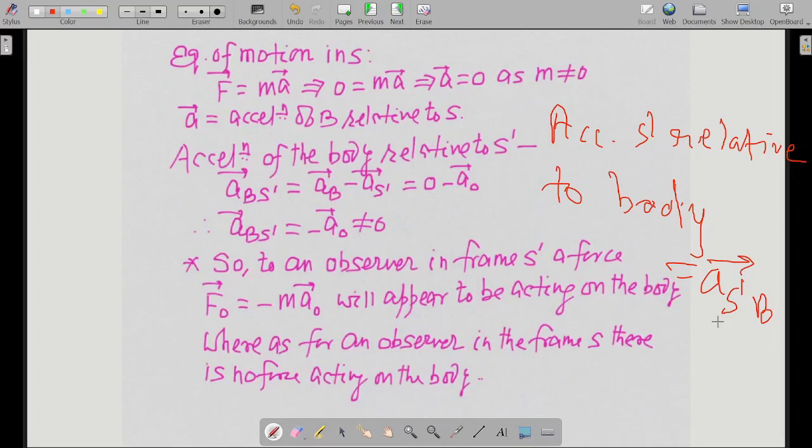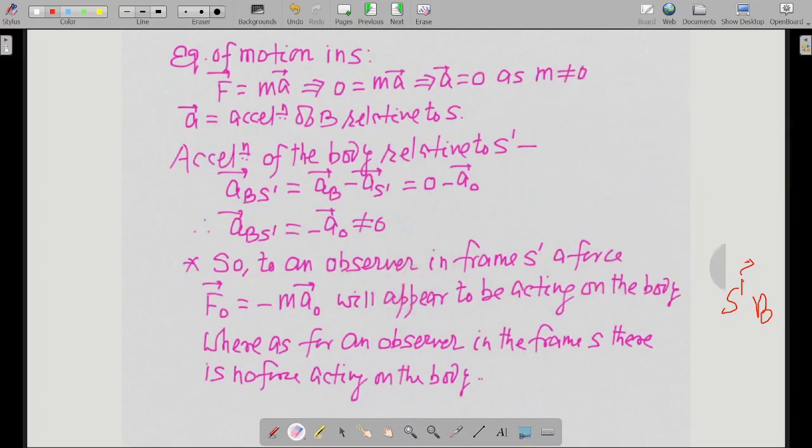So the thing relative to which you have to find out the acceleration, that term comes afterwards. You had to find out relative to B over here, that's why B came afterwards. You have to find out with respect to S prime over here, so S prime came afterwards. The entity whose acceleration you have to find out comes in the first place, and with respect to whom you have to find out comes in the later place.